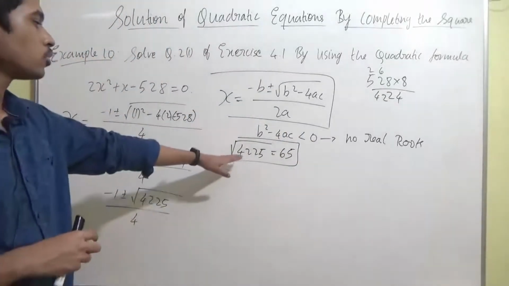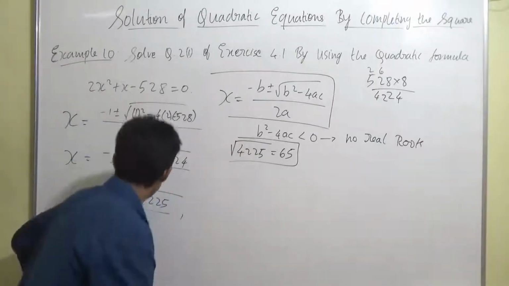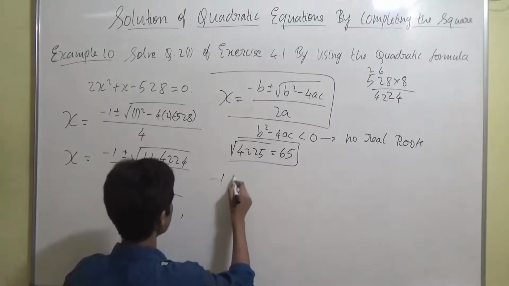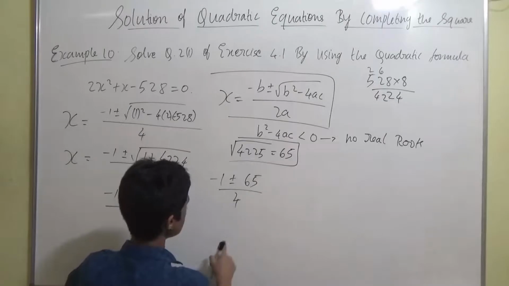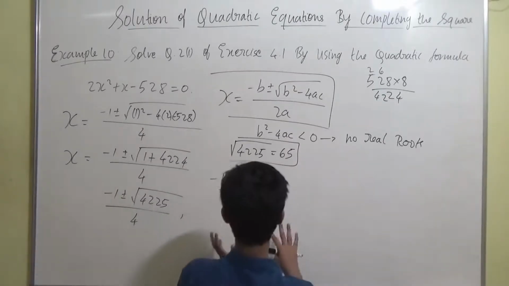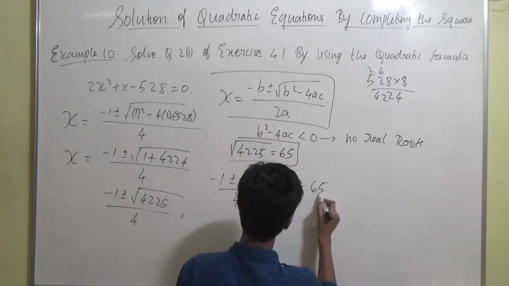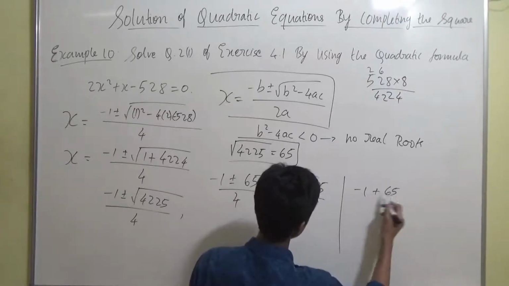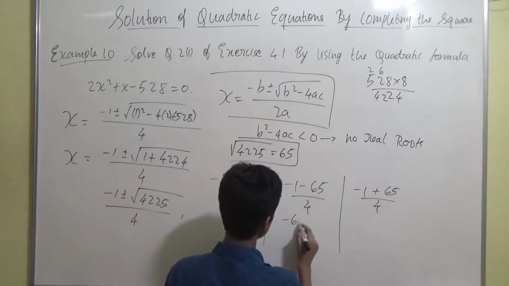So the root of 4225 is 65, so here we'll replace this with 65. It becomes minus 1 plus or minus 65 by 4. Getting it? Now we will have two solutions, in one plus will come, in the other minus will come. So it will become minus 1 minus 65 by 4, and one more is minus 1 plus 65 by 4. So this becomes minus 66 by 4.